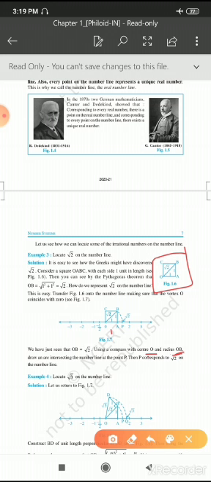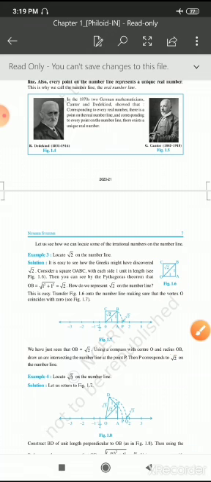See here, the arc is drawn. The point where this arc intersects the number line represents root 2 on number line. We have denoted that point with P, and this P represents root 2 on number line.